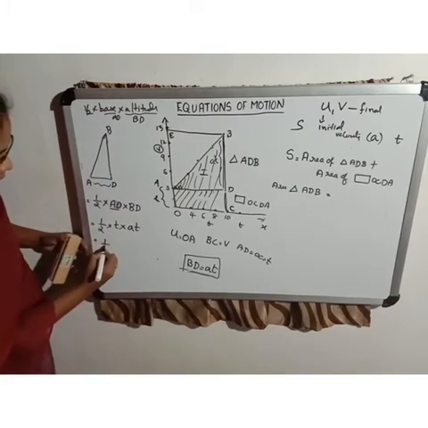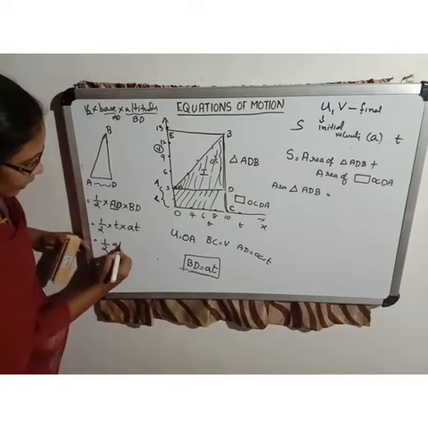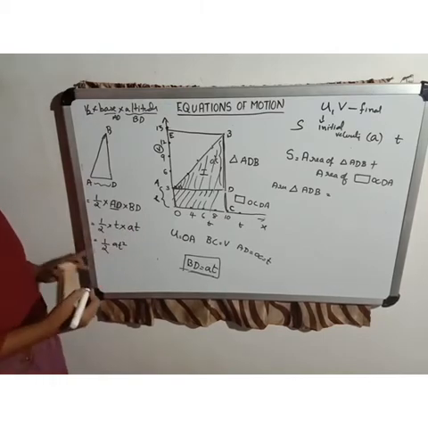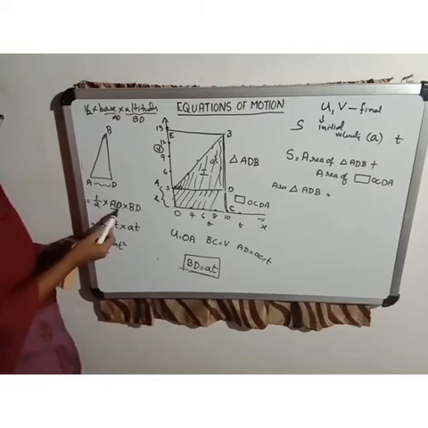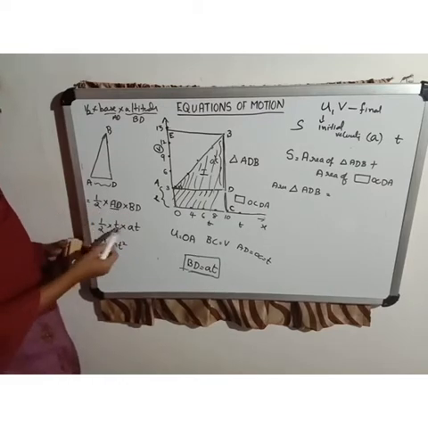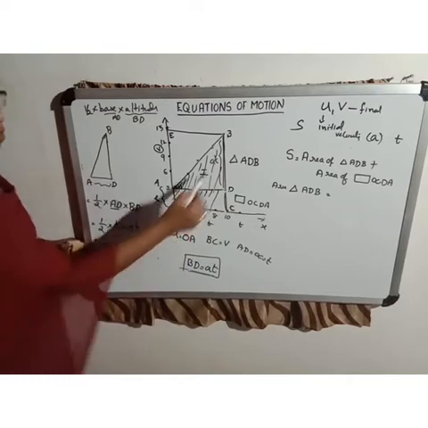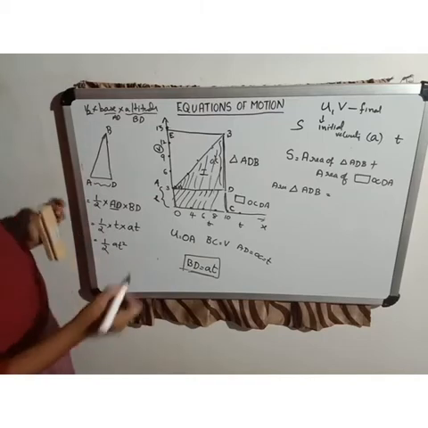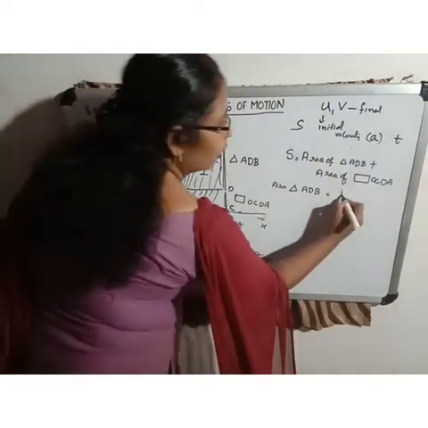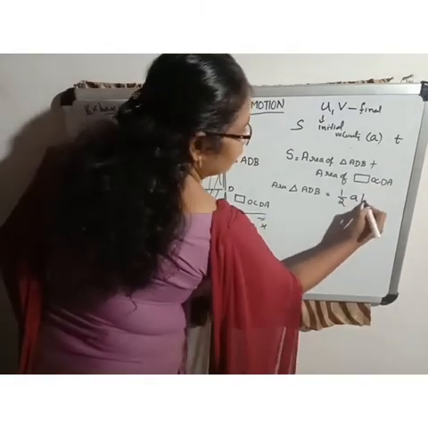So half into T into at, which is half at square. The base is this length, which is time, and the altitude is BD, already we got, which is at. So the area of the triangle is half into at square.